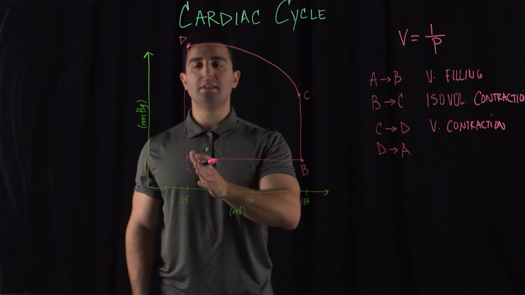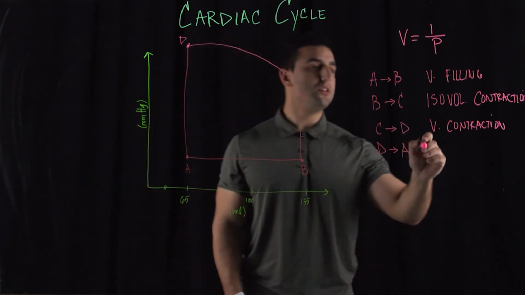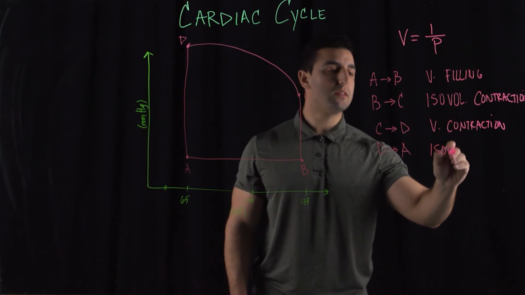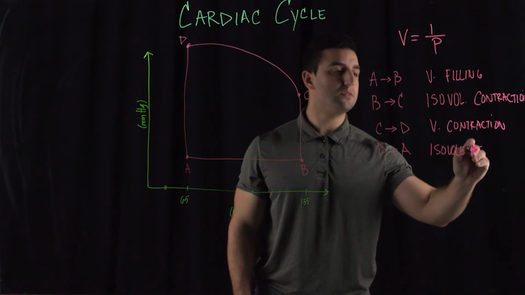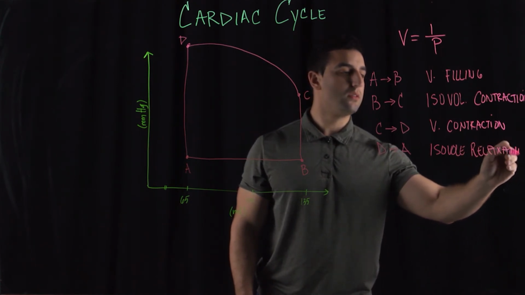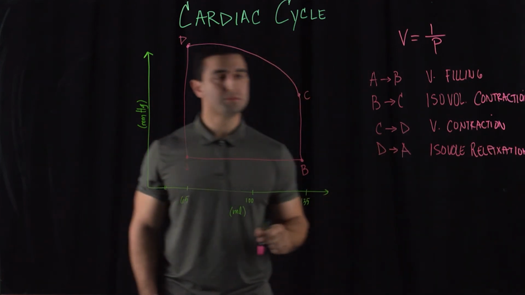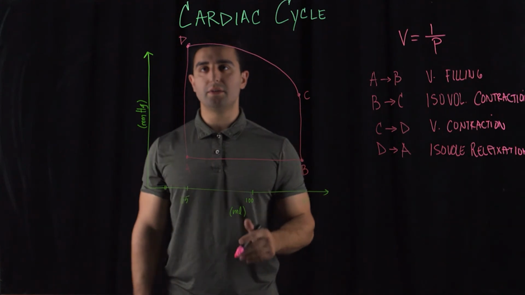However, you notice that the pressure decreases. So this is known as isovolumic relaxation, excuse me. Okay, and this is just a basic understanding of the cardiac cycle, right?